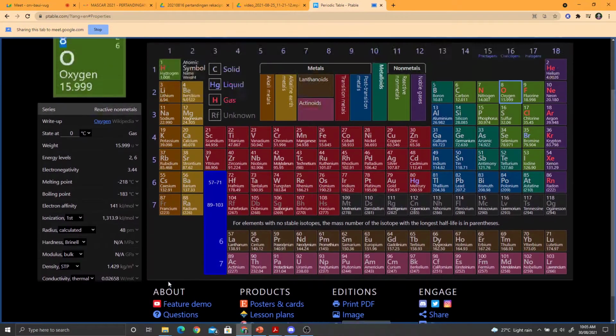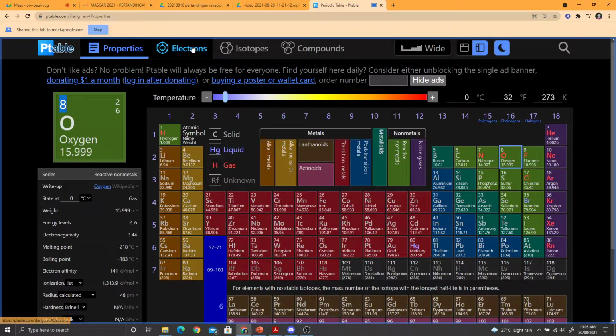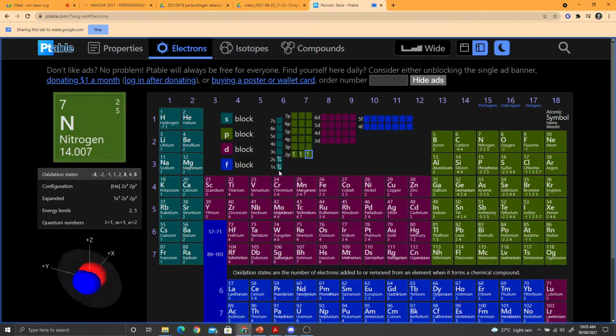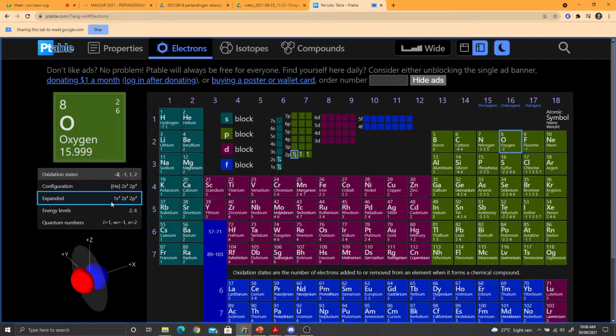Sekejap, mana satu tulis ni? Sini. Kalau you guys tekan kat atas ni, electrons, nampak tak? Okay, untuk oxygen, dia punya electronic configuration is this. So it is 1s2, 2s2 and 2p4.